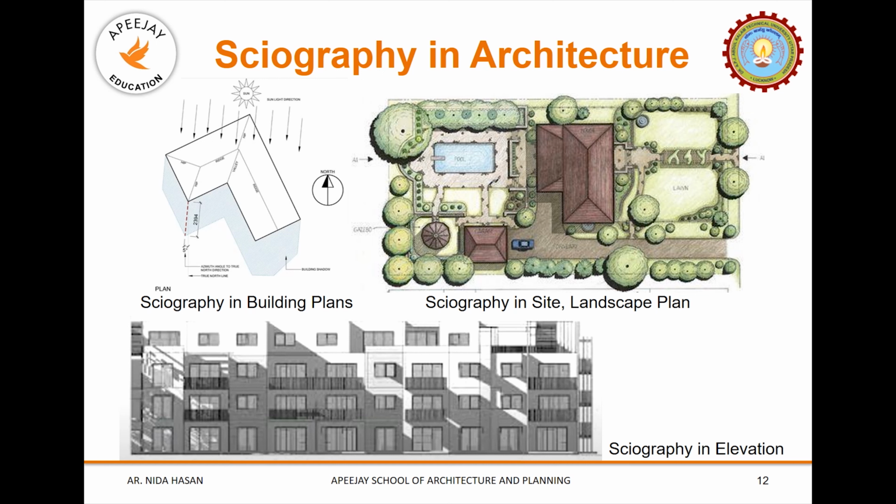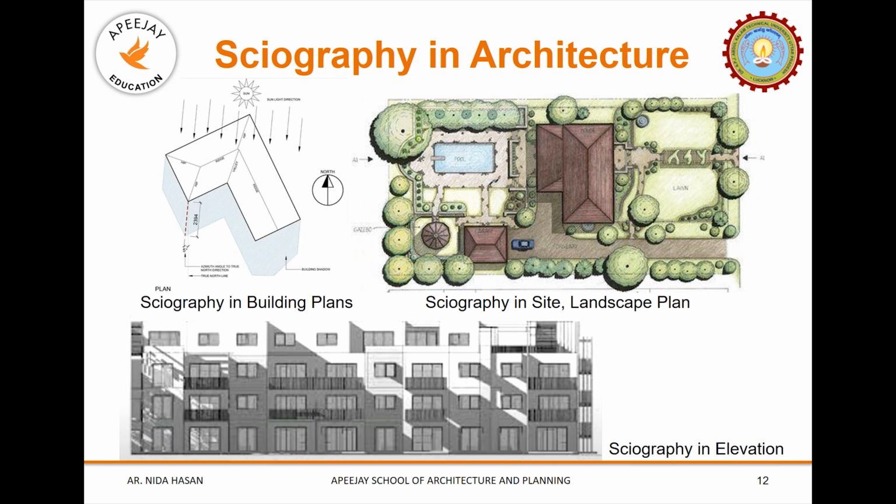In the next we can see the site plan or landscape plan where the third dimension can be seen. In the elevation again, the sciography is showing the depth, and how sciography with solids and voids creates an interesting facade can also be seen. We will understand this elaborately in the next slides.